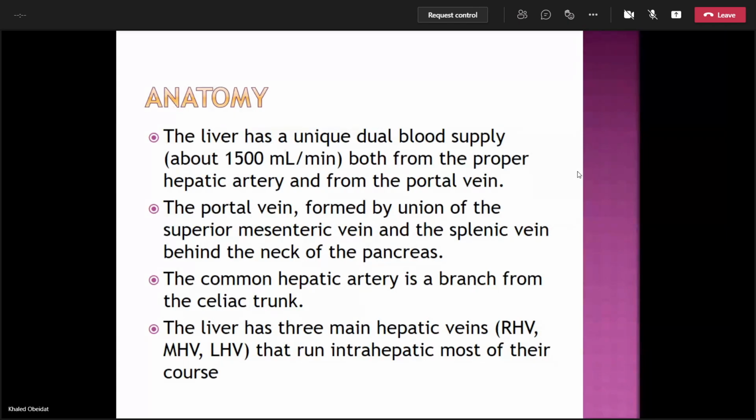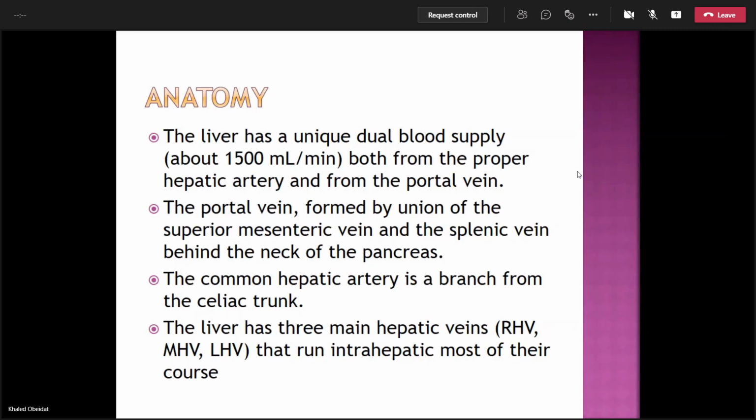The portal vein brings more blood, which is partially deoxygenated, while the hepatic artery brings fully oxygenated blood. Together they contribute volume-wise: the portal vein may bring 70% of the volume, and the hepatic artery 30%. Oxygen-wise, around 50-50.